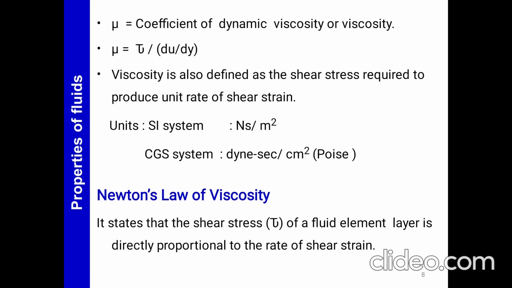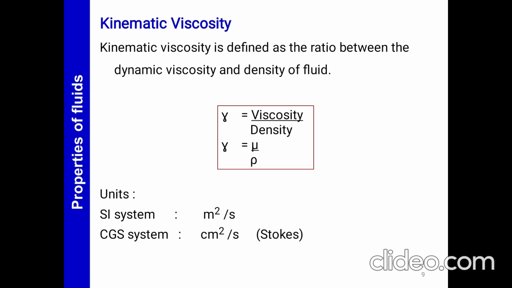Viscosity is also defined as the shear stress required to produce unit rate of shear strain. So, the unit of viscosity is Newton second per meter square. Newton's law of viscosity. It states that the shear stress tau of a fluid element layer is directly proportional to the rate of shear strain.